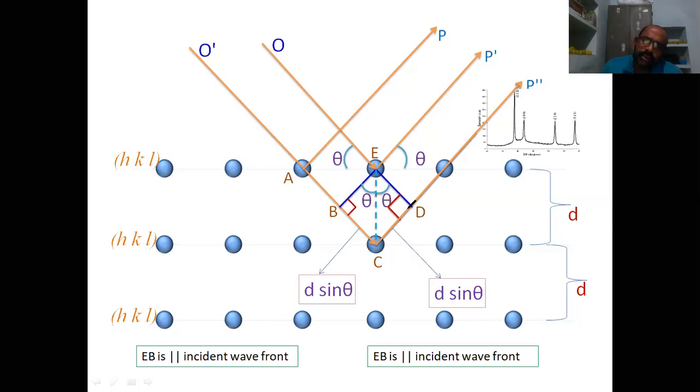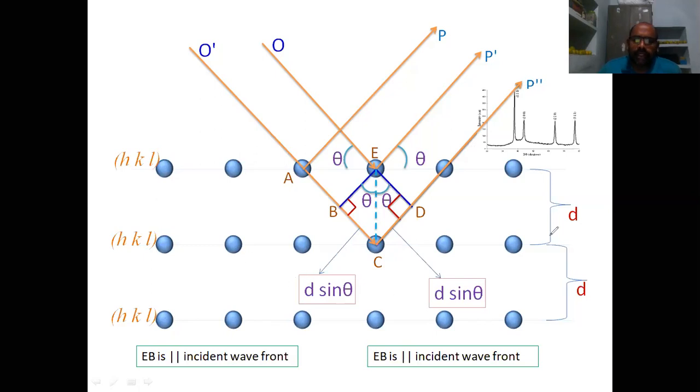Similarly, CD is equal to hypotenuse into sine theta. So BC is equal to d sine theta, and CD is also equal to d sine theta.